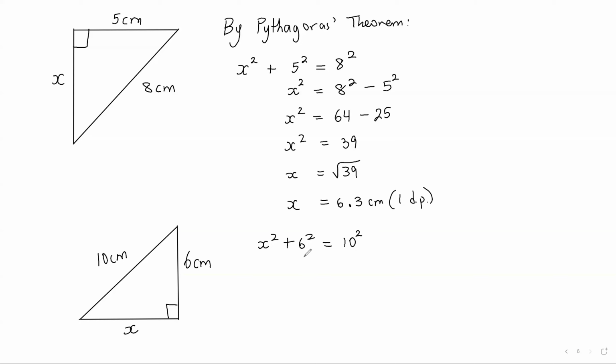Then x squared equals 10 squared take away 6 squared, because I'm moving plus 6 squared to the other side of the equation, so you'll now have to minus it. Okay. So it'll be 10 squared, take away 6 squared. Let's go.